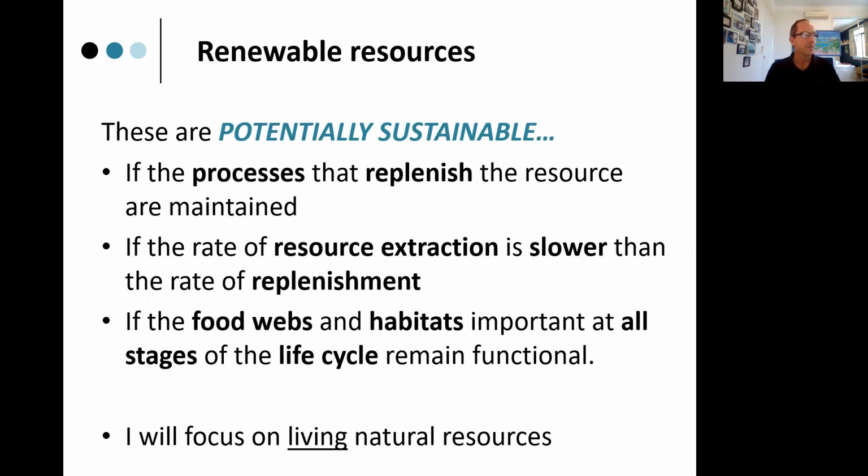So the important things here are that the rate of resource extraction is slower than the rate of replenishment, and that the food webs and habitats that are important at all stages of the life cycle remain functional. So really, to do things in a renewable and sustainable way, you need to understand the whole process: if it's an animal, it's the life cycle; if it's water, it's the water cycle.